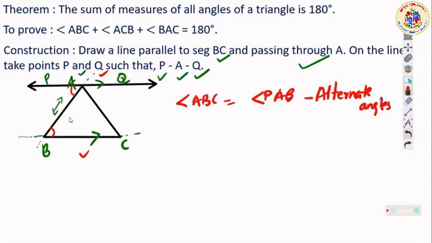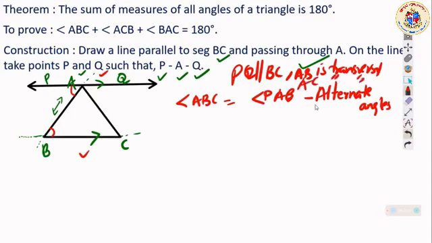And PQ is parallel to BC, that is the reason, and we have AB as the transversal. This is our consideration. The same way AC also. AC is also a transversal. Now angle ABC is equal to angle PAB because they are alternate angles.